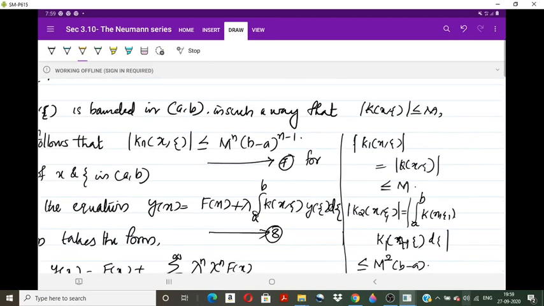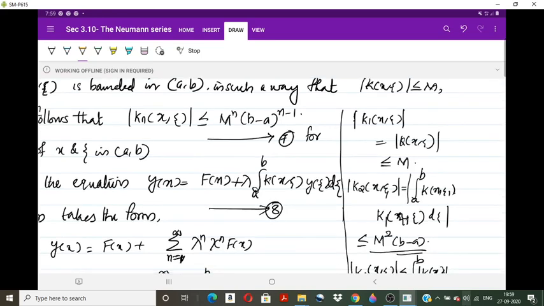This is because when we calculate k1 of x theta, mod of k1 of x theta is the same as mod of k of x theta, which is less than or equal to m. And mod of k2 of x theta is by definition mod of integral a to b k of x theta 1 k1 of theta 1 theta d theta 1, which is less than or equal to integral a to b mod of k of x theta 1 and mod of k1 of theta 1 theta, which will be less than or equal to m into m, that is m square, into integral d theta 1, which will be b minus a.